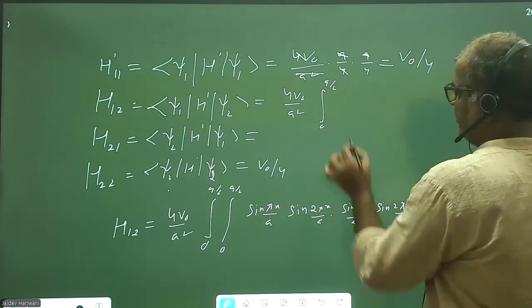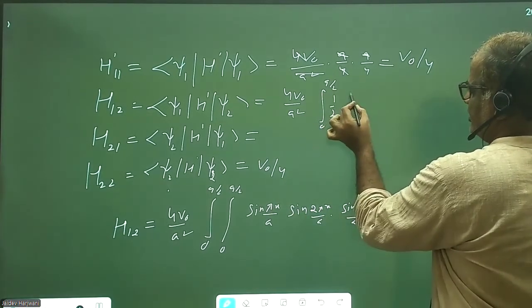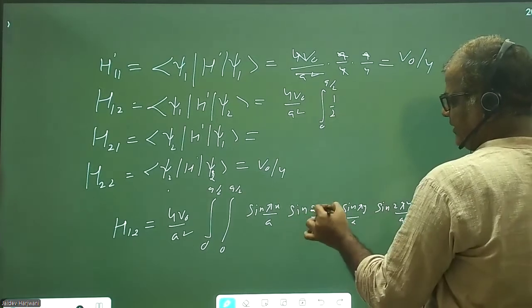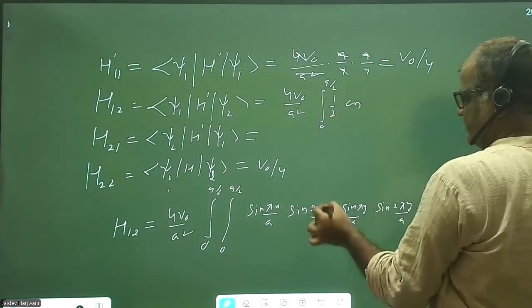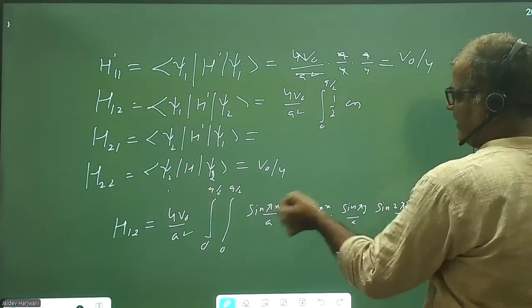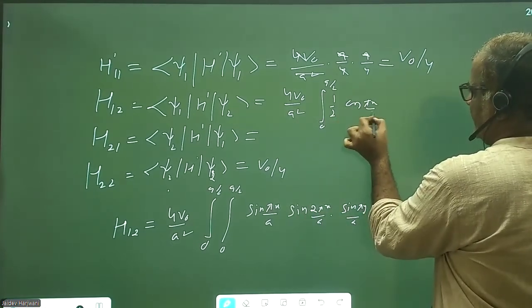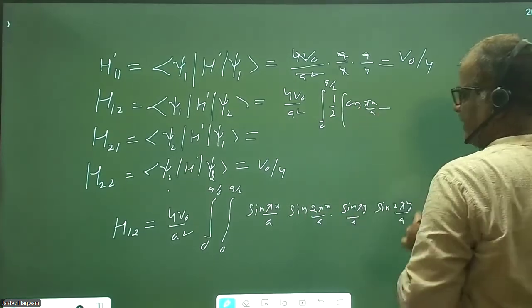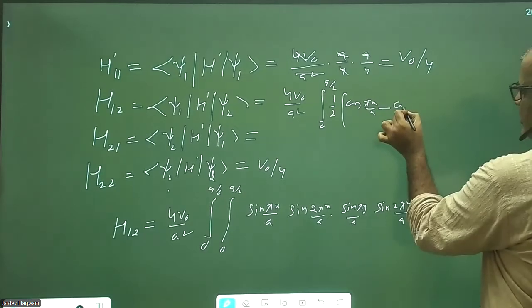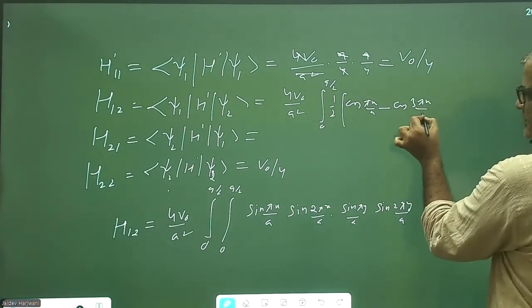So we can open this by the cos formula, cos a minus b. So this will be cos of pi x by a minus cos 3 pi x upon a, with a factor of 1 by 2.